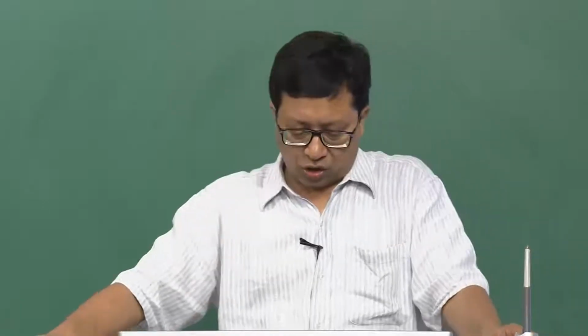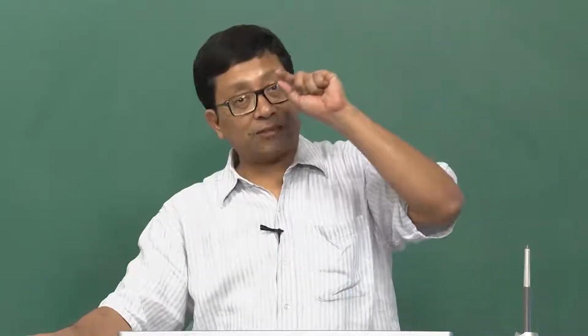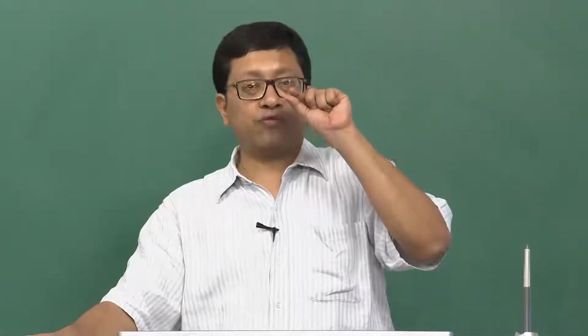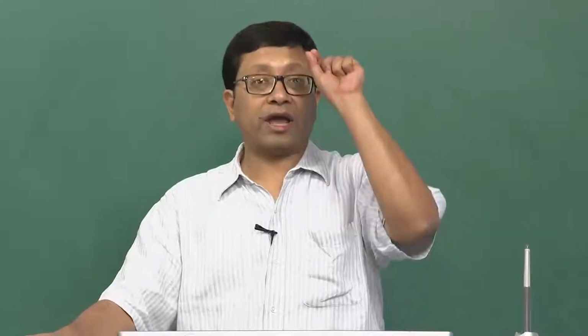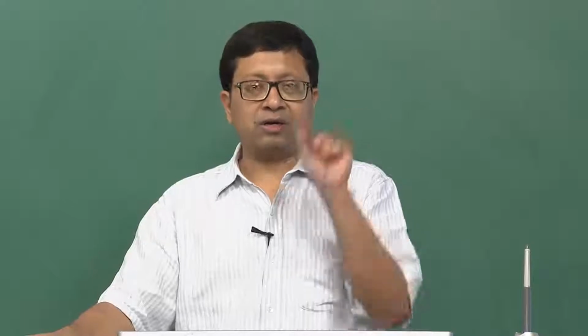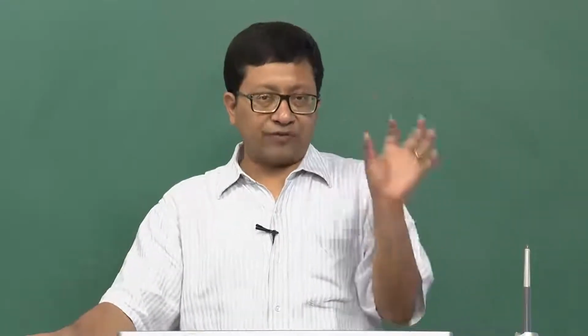The solutions to the normal equations will be the least square estimates of the regression coefficients, as I mentioned, beta naught hat, beta 1 hat till beta k hat, such that when you find out the n plus 1th value of y, which is the estimated value given by y hat n plus 1, and you already have the actual value of y n plus 1, the difference would be the error.